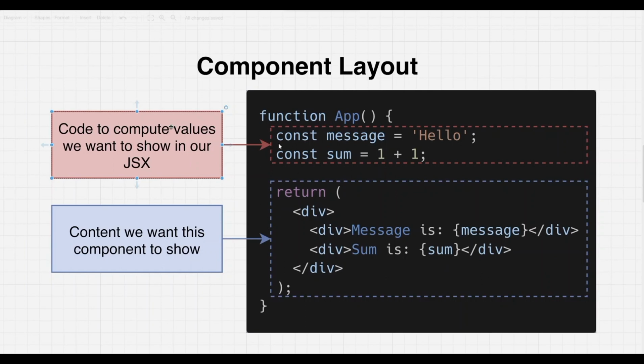So this section has some computations and some JavaScript variables which we will show here and which will be shown on the screen. So these are two sections, and you will see this pattern mostly in every function. Code to compute values we want to show in our JSX, and here the content we want this component to show. So this is a pattern.